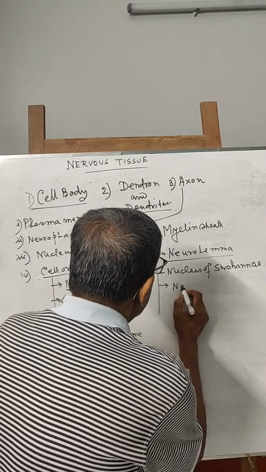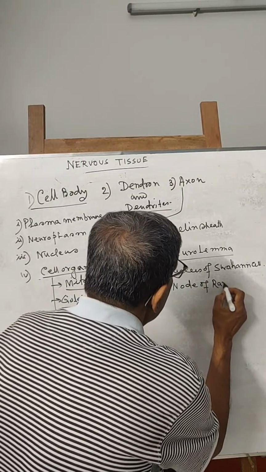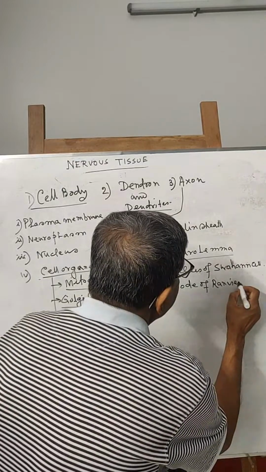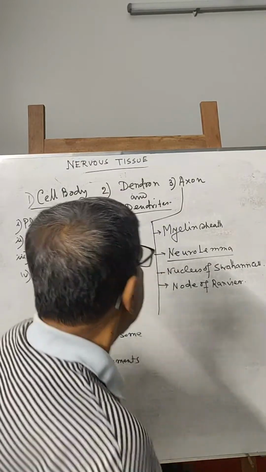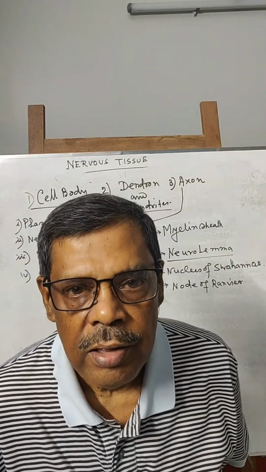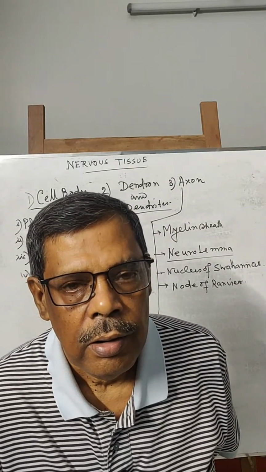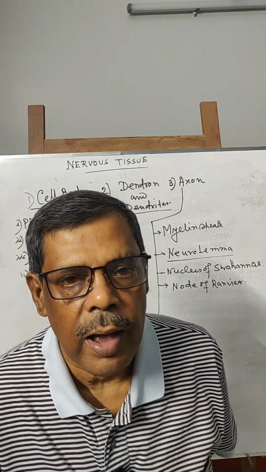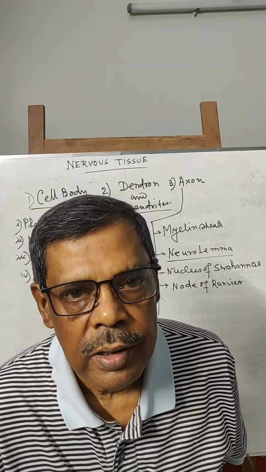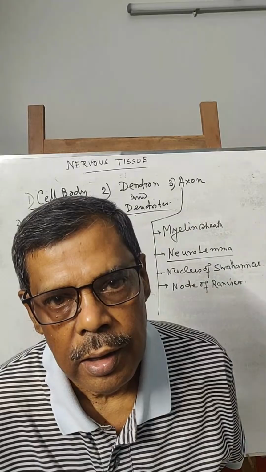Next, the node of Ranvier, where the myelin sheath is absent. In some places over the axolemma, there is a gap where there is no medullary sheath.